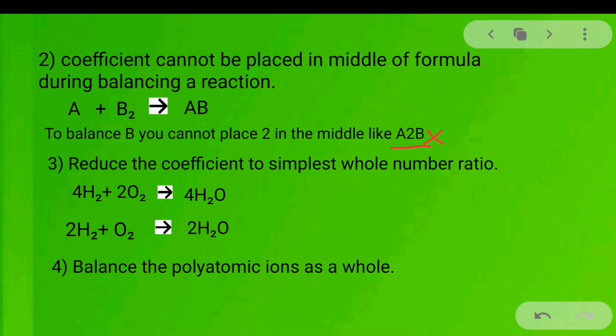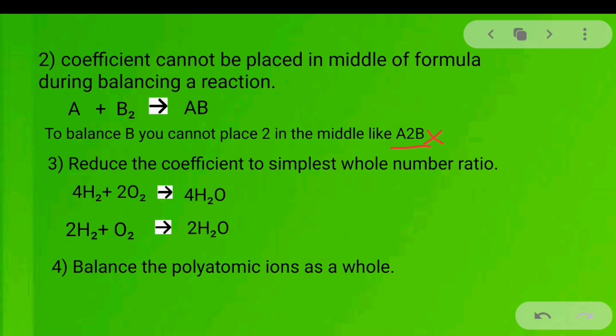What is the third rule? The third rule is to reduce the coefficients to the simplest whole number ratio. Suppose after balancing you get 4H2 plus 2O2 gives 4 water.